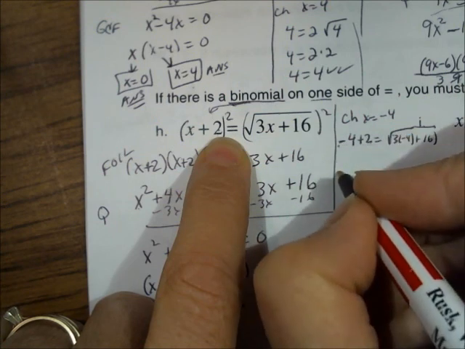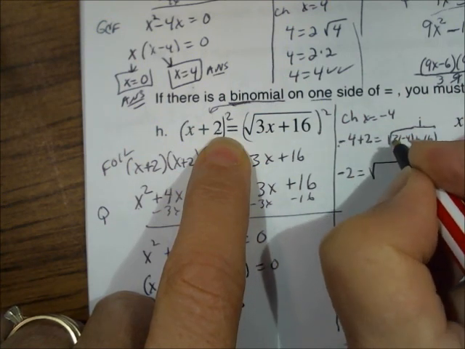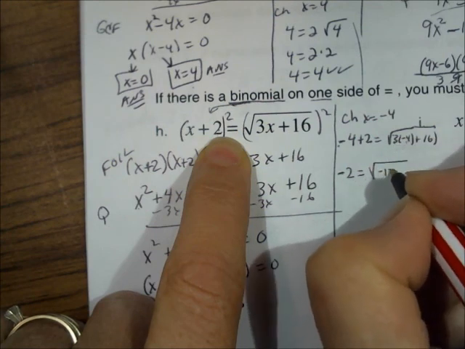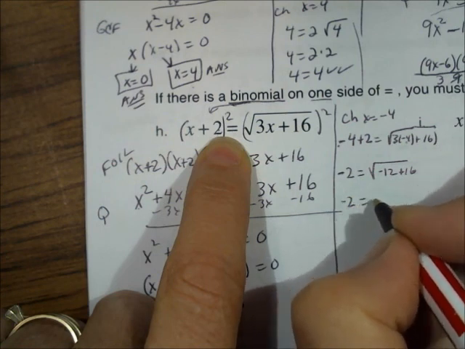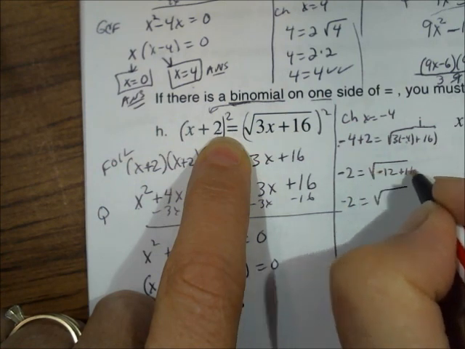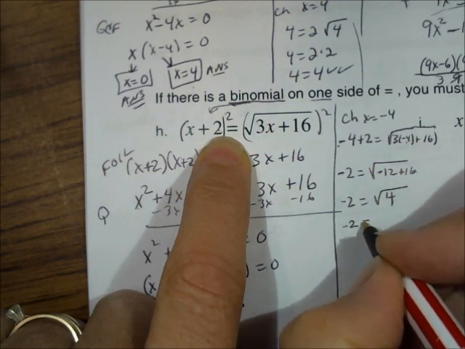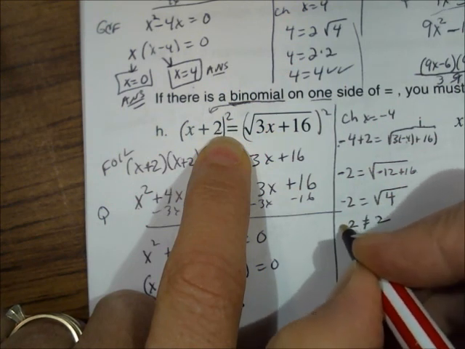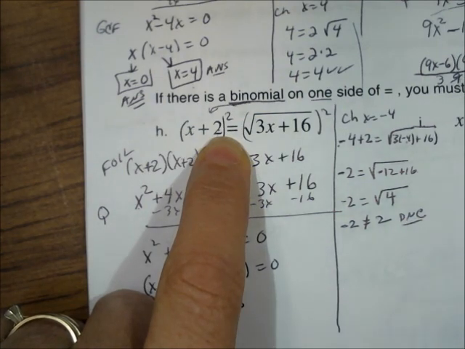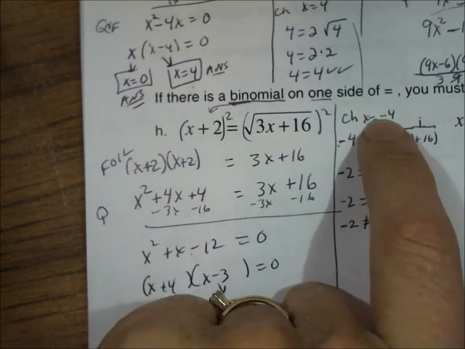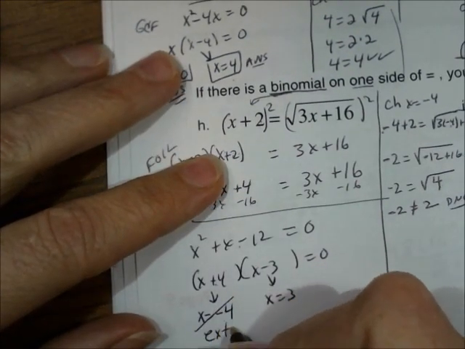Negative 4 plus 2 is negative 2. 3 times negative 4 is negative 12 plus 16. Does negative 2 equal the square root of negative 12 plus 16, which is 4? Well, the square root of 4 is 2, and 2 does not equal negative 2, so this does not check. DNC, does not check. So x equals negative 4 from the beginning, lightly cross him out. He is an extraneous solution.